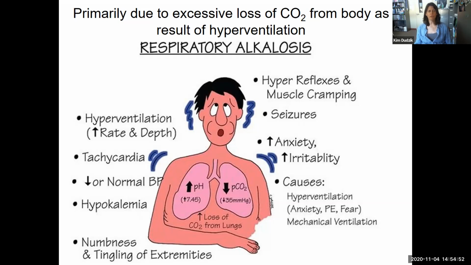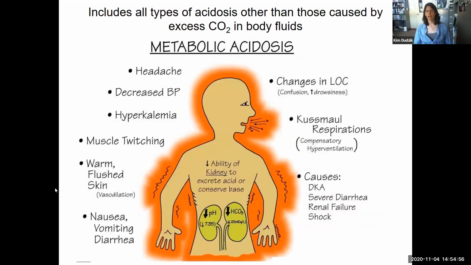Okay. So let's get into the metabolic reasons. So here's metabolic acidosis. So this is all the other types of acidosis caused by anything other than the CO2, right? Other than the relationship with the lungs, right? So what can cause this?